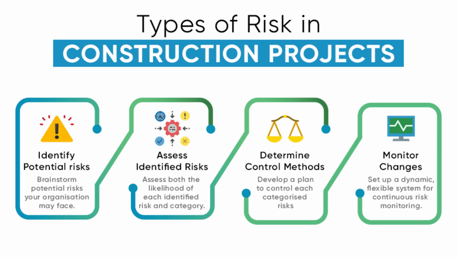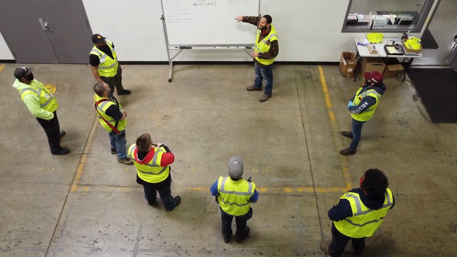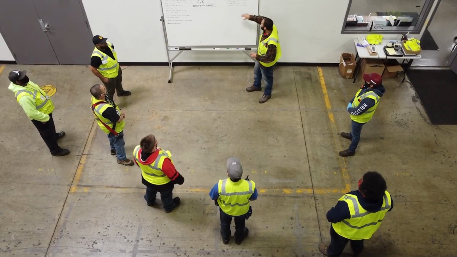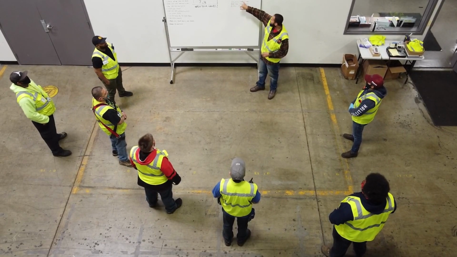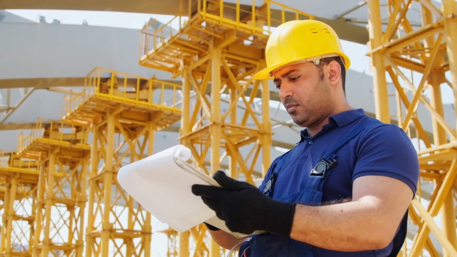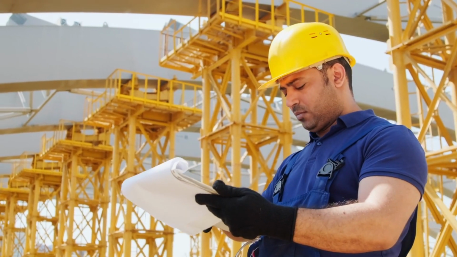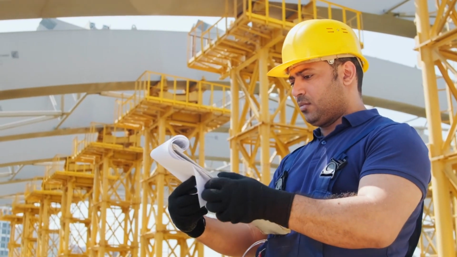Which risk categories are included? Financial, contractual, safety, quality, environmental, reputation. Who will be involved? Managers, supervisors, admin, subcontractors, and sometimes clients or consultants. A clear scope prevents risk management becoming too broad, while still covering what matters to business success.